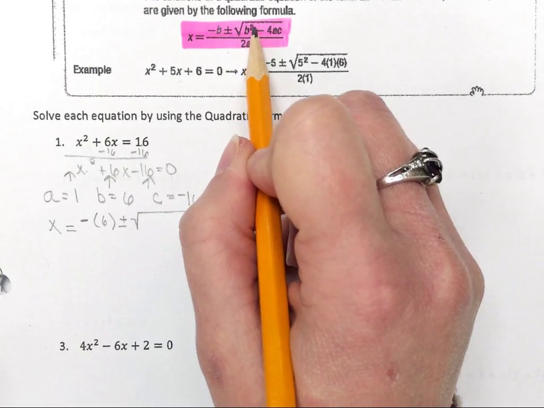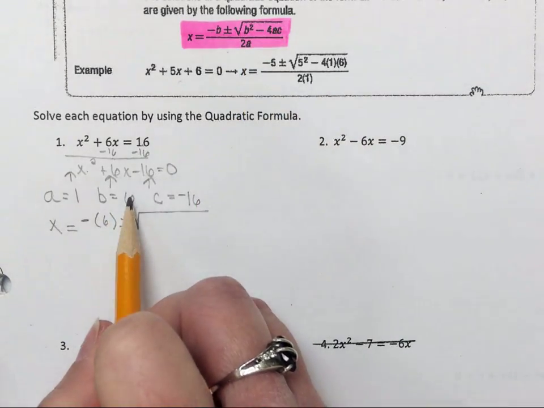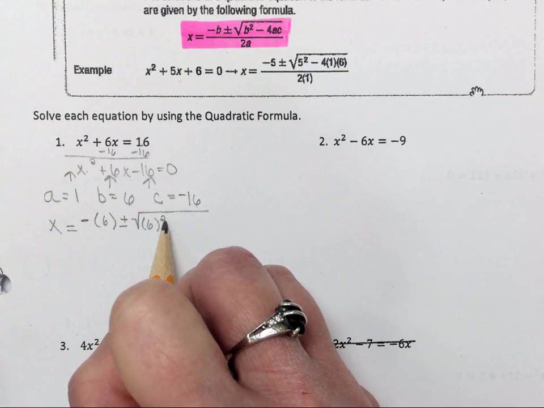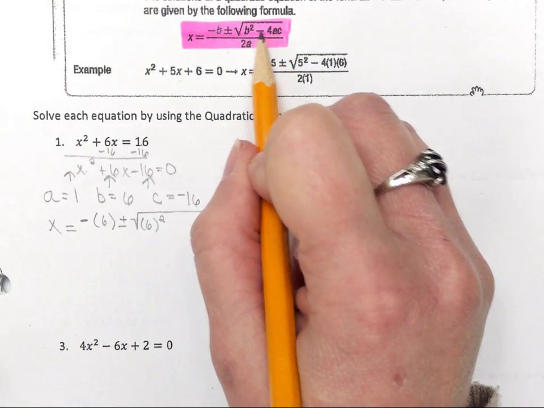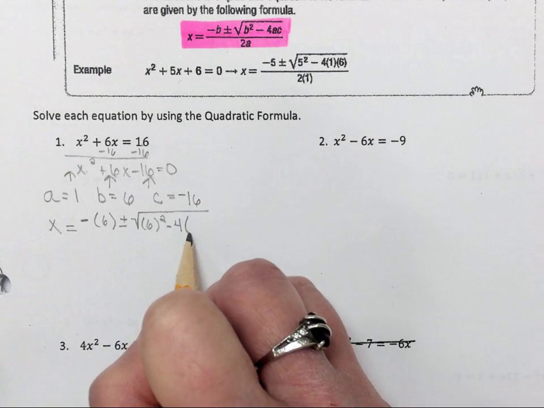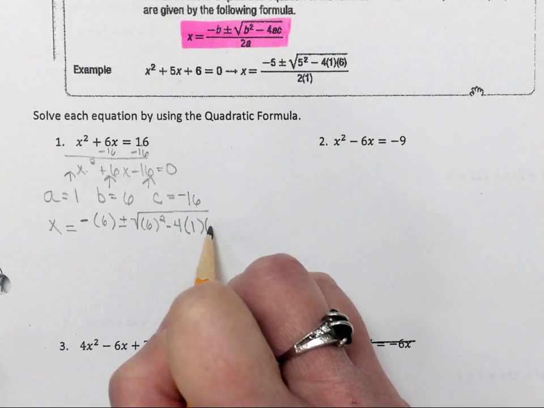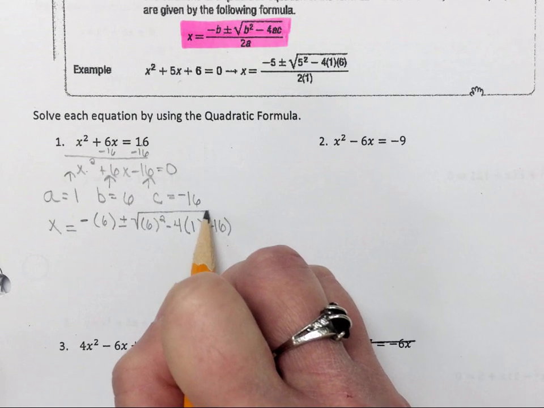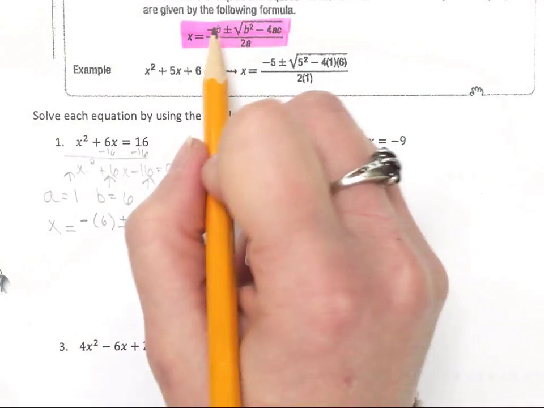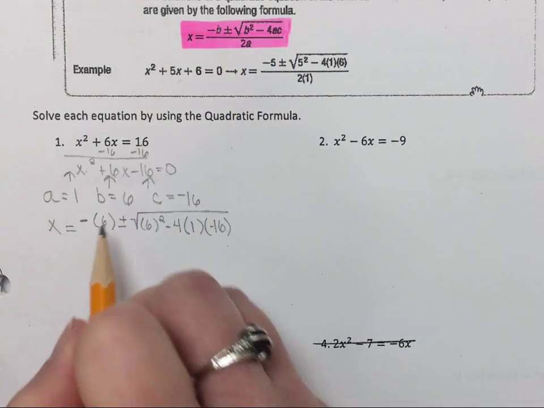Then it's B squared, so B is 6, so it's 6 squared. And then minus 4AC, so minus 4, A is 1, C is negative 16. Are y'all okay? And then all of that is over 2 times A.